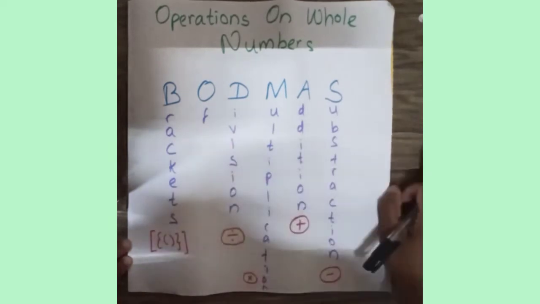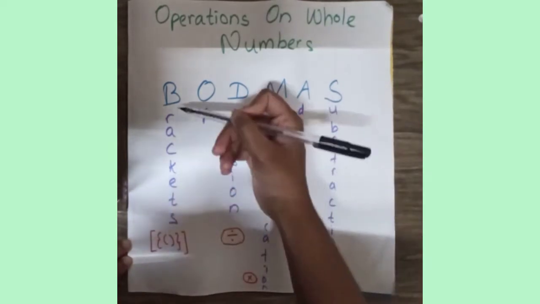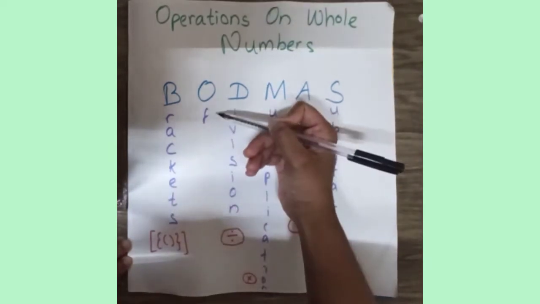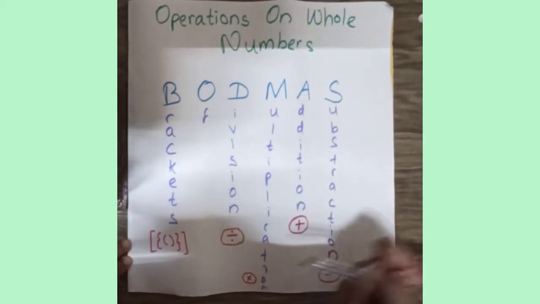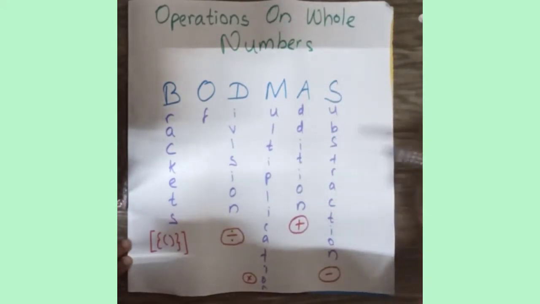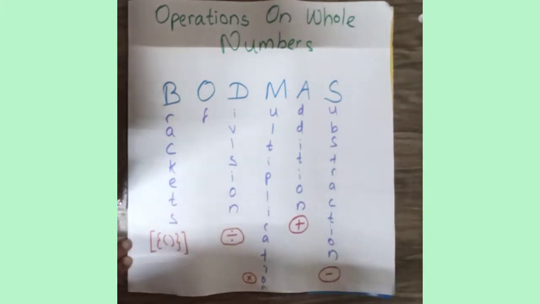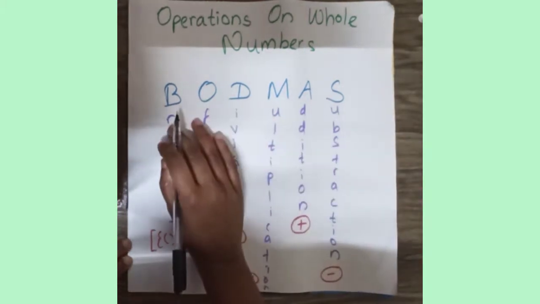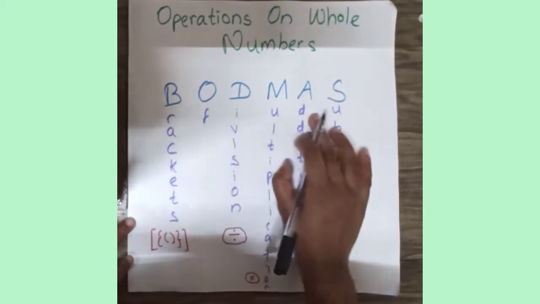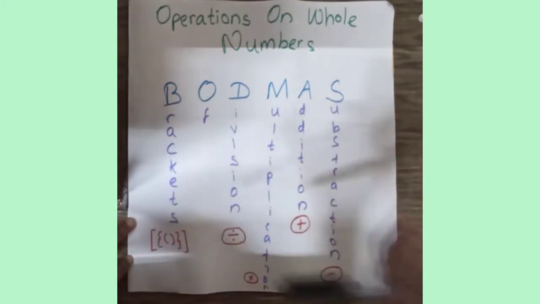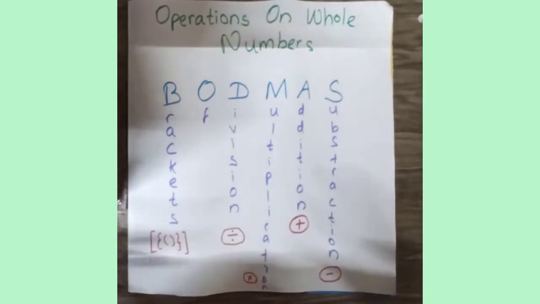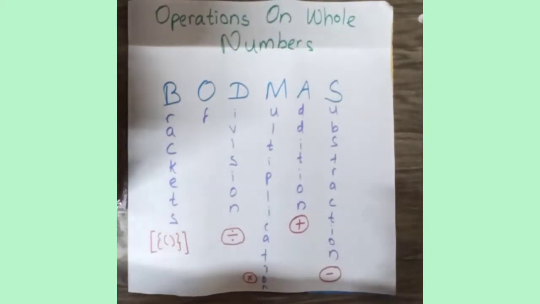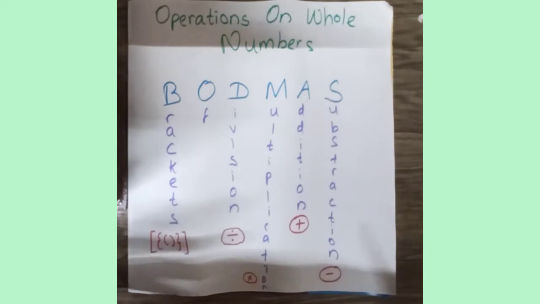This Bodmas stands for brackets, of, division, multiplication, addition and subtraction. So it is easy for you to remember this in this short form, Bodmas, instead of remembering it in the long form, brackets, of, division, multiplication, addition, subtraction.